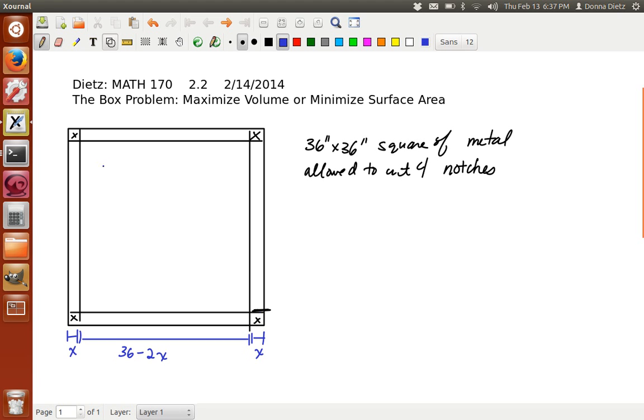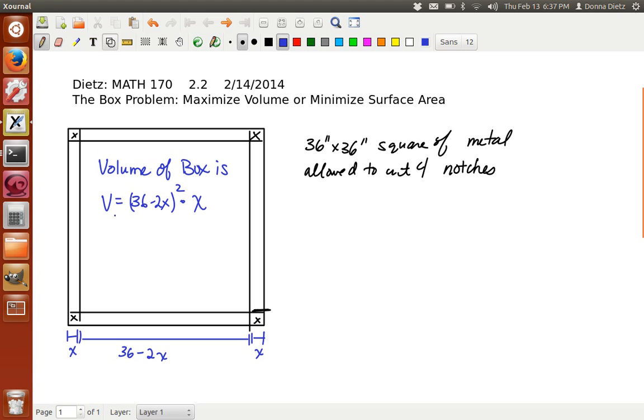So in this case, we have a volume now, the volume of the open box. There's an open top. Volume of the box is 36 minus 2x squared, which is the square on the bottom, and then times x. That's the volume of the box.